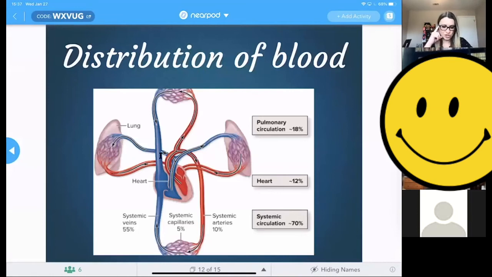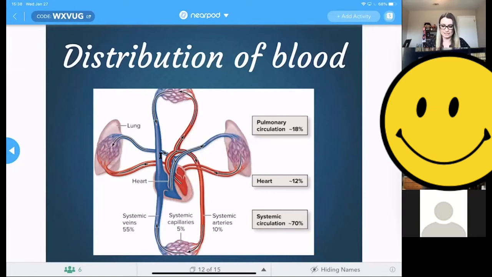This is just showing you the distribution of blood in our body. About 18% of our blood volume is going to be in the pulmonary circulation. About 12% of our total blood volume is in the heart. And then 70%, most of the blood in our body, is in our systemic circulation.